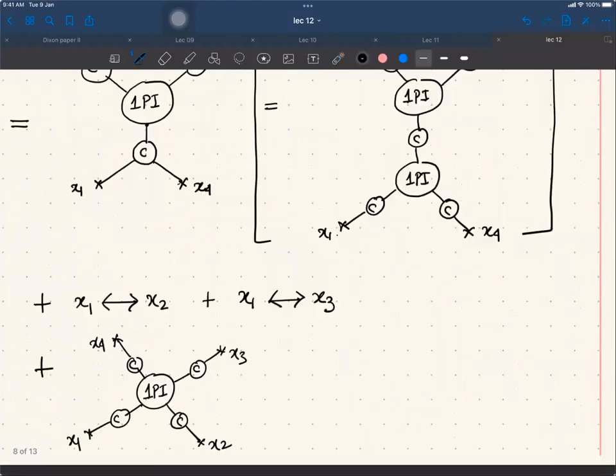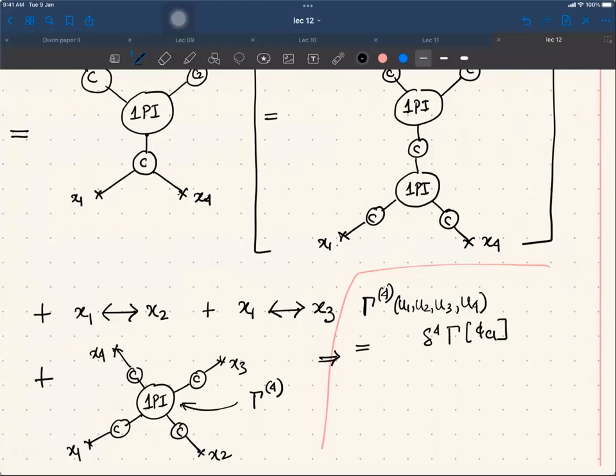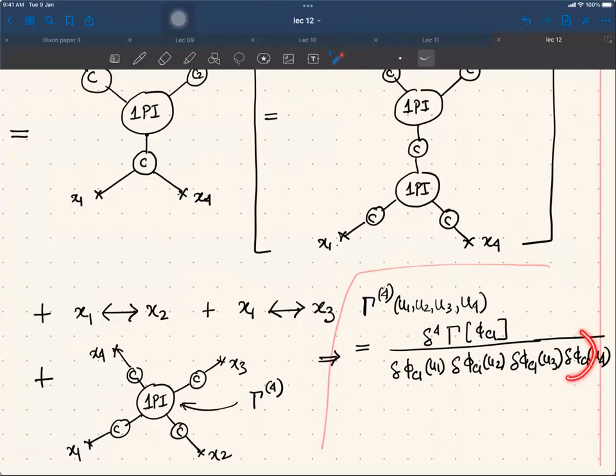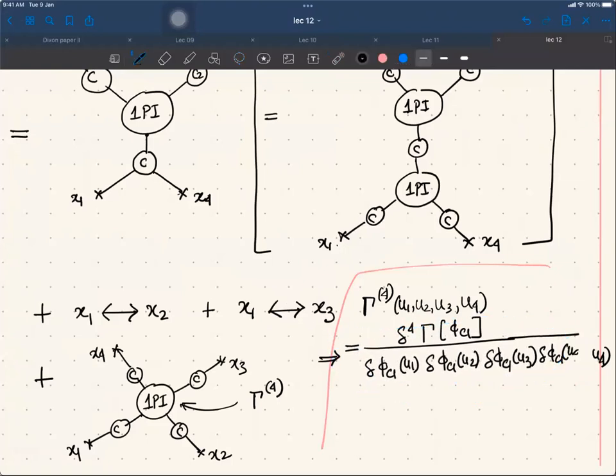But we know that the 4.1 pi, which is given by, say, gamma 4, and then this analysis implies that gamma 4 u1, u2, u3, u4 is same as delta 4 gamma phi cl divided by del phi cl u1 del phi cl u2 del phi cl u3 del phi cl u4, at 0.